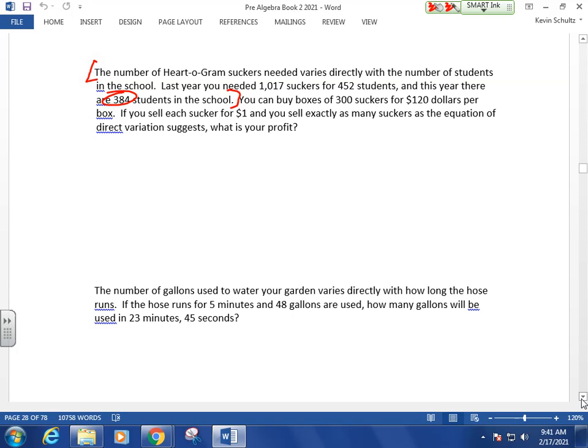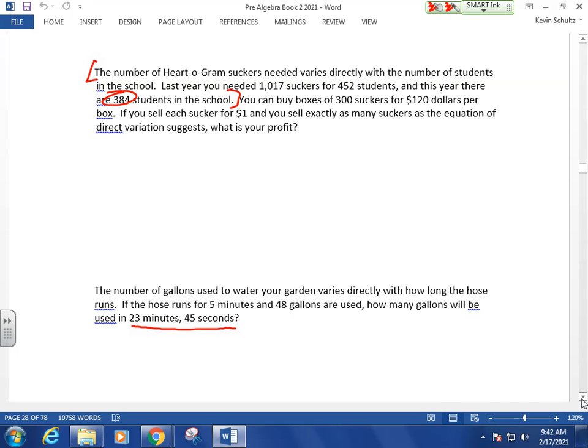The number of gallons used to water your garden varies directly with how long the hose runs. If the hose runs for 5 minutes and 48 gallons are used, how many gallons will be used in 23 minutes, 45 seconds? This one is more similar to the previous 4. It's kind of more straightforward here. What you got to be careful of, though, is this 23 minutes, 45 seconds. Okay, I'll give you a hint.